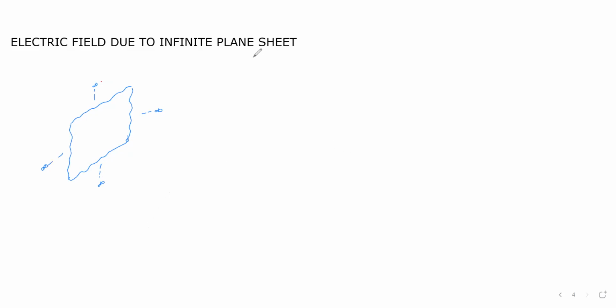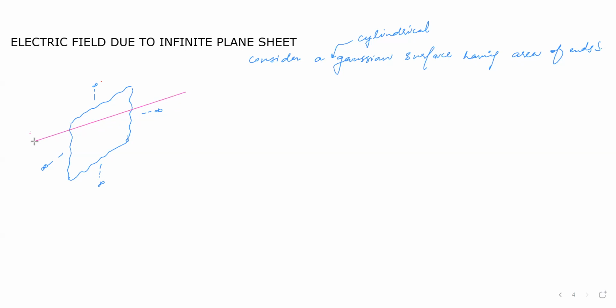First of all, we should consider a Gaussian surface, which is cylindrical in shape. Consider a cylindrical Gaussian surface having area of ends S. This is the Gaussian surface which we are taking.